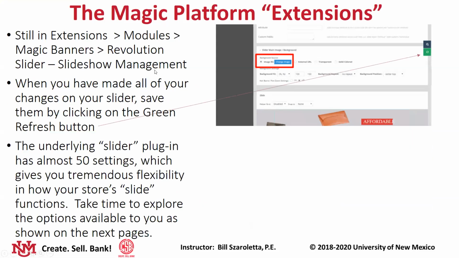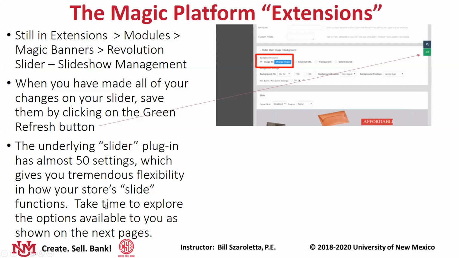And so now, still in the Extension, Modules, Magic Banners, Revolution Slider, Slideshow Management, when you've made all the sliders, you want to click on this green button. Before we've had a different button, but literally this plugin has 50 settings, which gives you tremendous flexibility in how your store's slide functions.